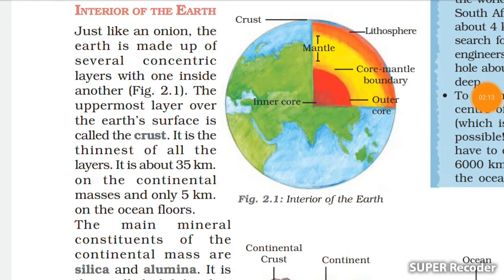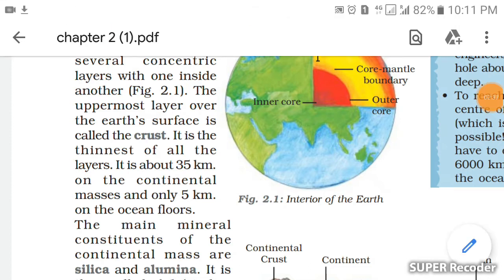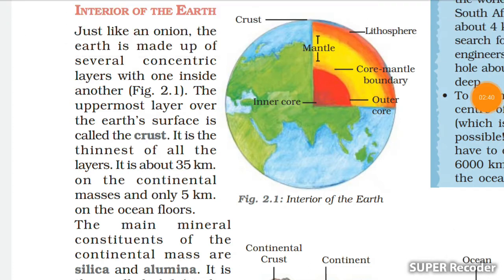See this picture, are you able to see? There is the outer layer, the place where we are living. It is called the crust, and the next layer is called the lithosphere, and the middle, the yellow color you can make out, is called the mantle, and the next layer is called the inner core.